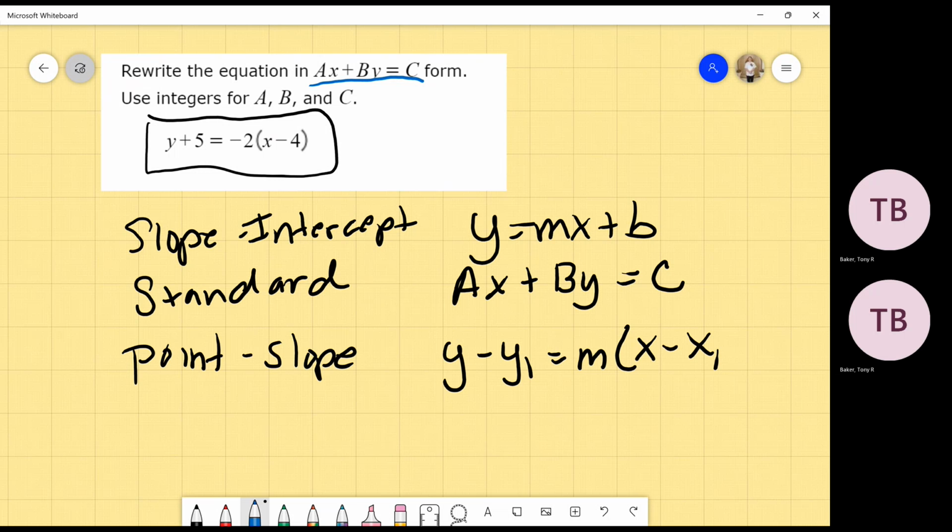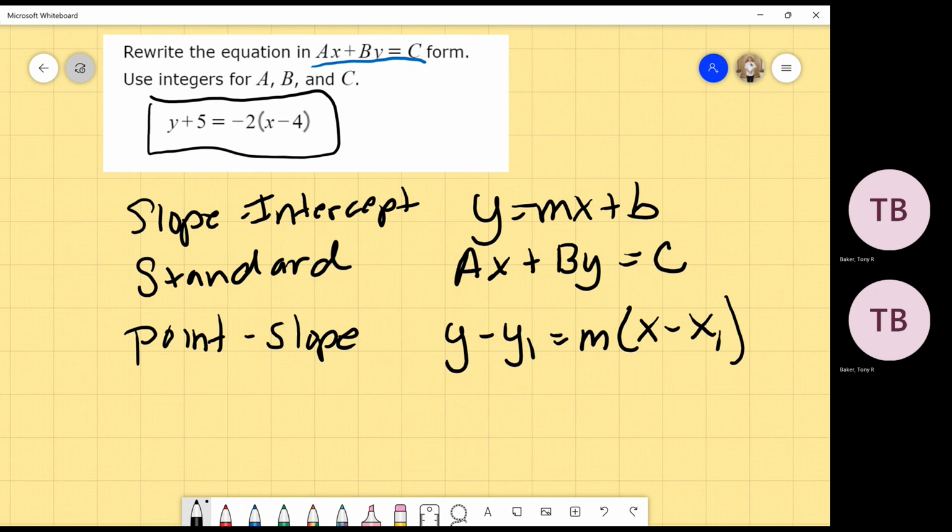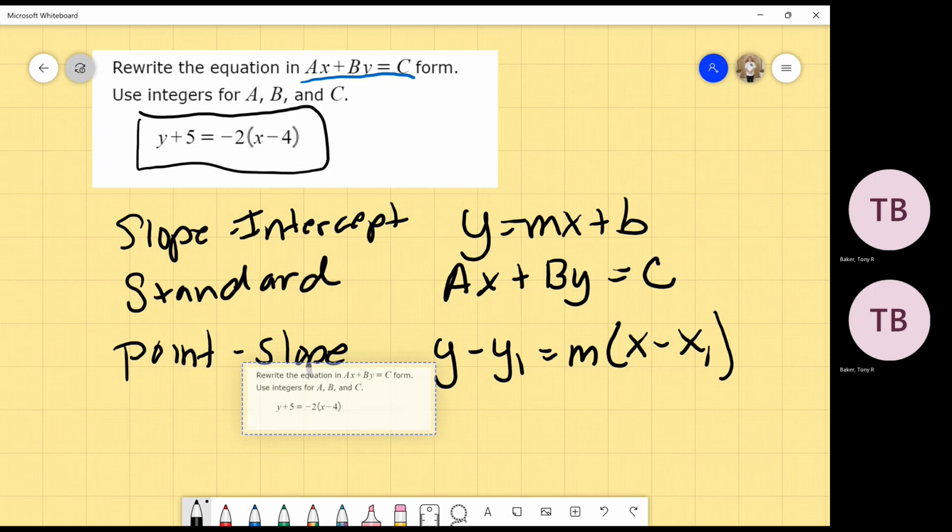The problem with this is a lot of times we translate it to slope intercept form instead. That's why I wanted you to understand the difference between the three of them, because it's very common. Normally we always go to slope intercept form, and this one they want in standard form. So we need to do a little extra work for it. It's okay. It's nothing horrible, nothing that's going to be insanely hard to figure out.